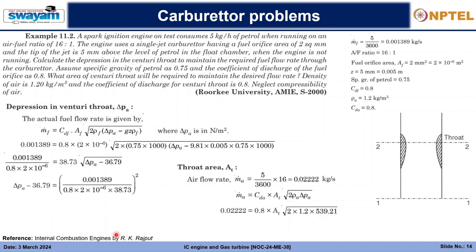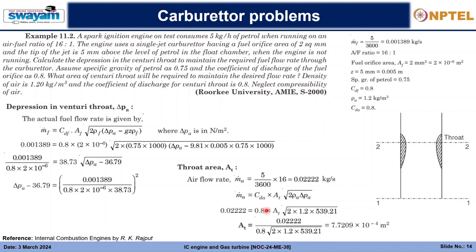And that is sufficient to draw in the air and make the process of carburation possible. From here we simply calculate the value of the area of the throat, which comes out to be 7.72 into 10 to the power minus 4 meter square. That is quite good.